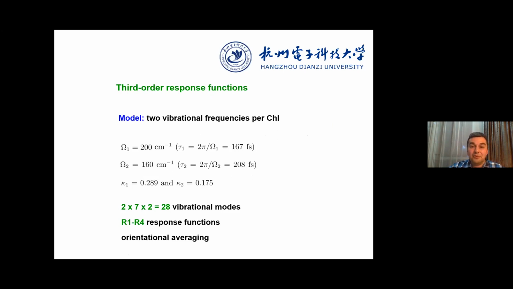From a purely technical point of view, this calculation is simpler than the calculation I just showed you before. But of course, with this model, we were able to calculate all these response functions for this multi-dimensional 28-mode problem.